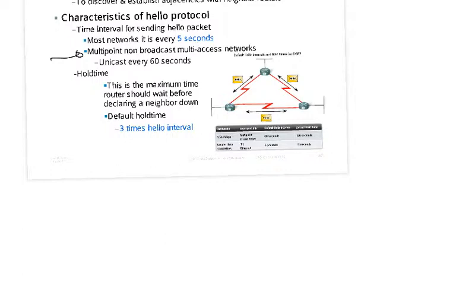If you have links like this, serial point-to-point, we call that multi-point. In that case there is no shared interface between these routers, and we use a different time interval for the hello packet, which is 60 seconds.